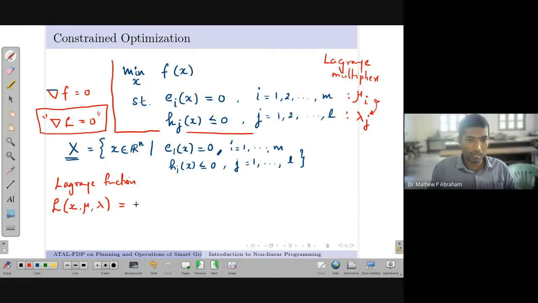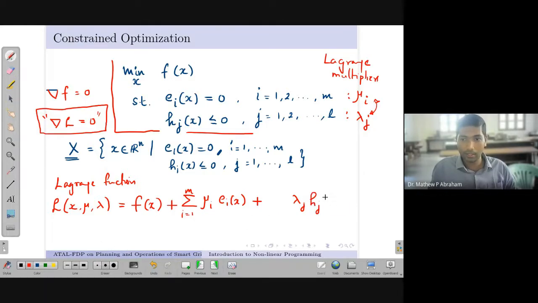So I'll quickly write the Lagrange function. It is f of x plus, considering the equality constraints, mu_i times e_i of x. These are equality constraints, and there are m of them, so we need the summation, i equal to 1 to m, plus lambda_j h_j of x.